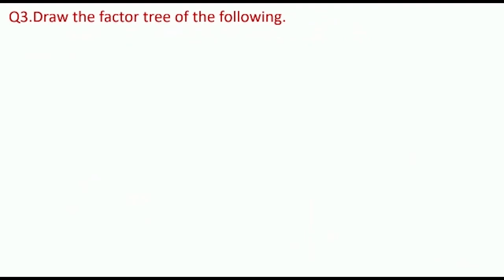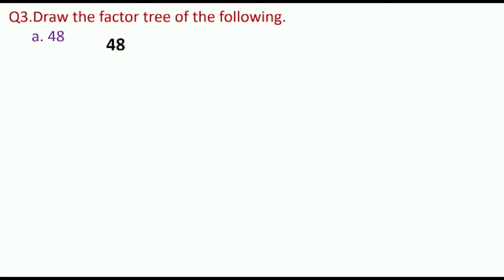Now draw the factor tree of the following. Question A is 48. We have to draw the factor tree of 48. Think of a number by which this 48 can be divided. 2. I have already taught you the divisibility rule.